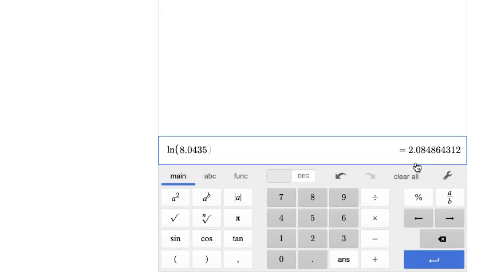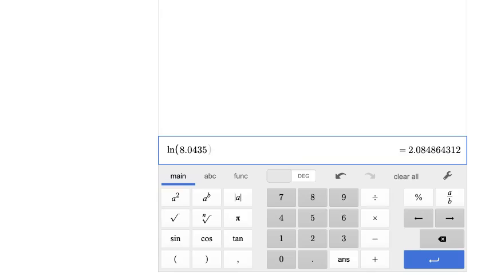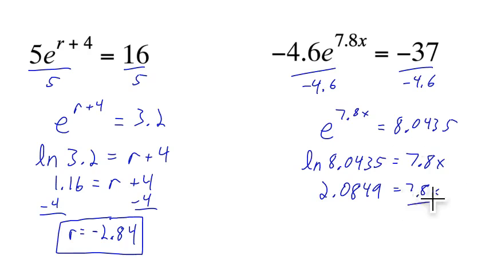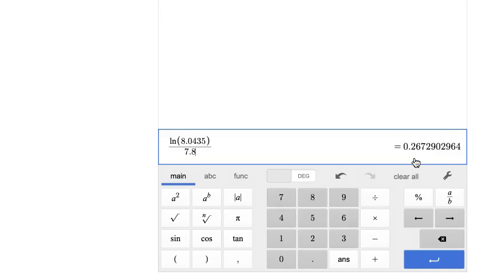Let's go ahead and continue using lots of decimal places. 2.0849. Now we'll just divide both sides by 7.8. And we get 0.27.